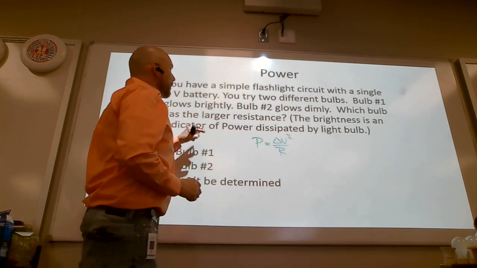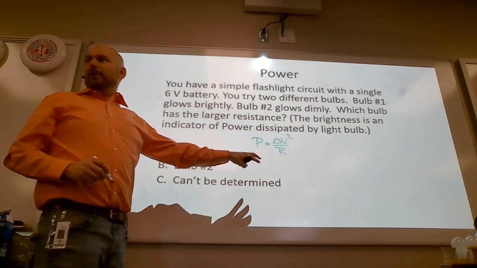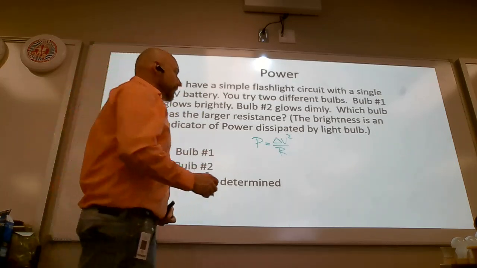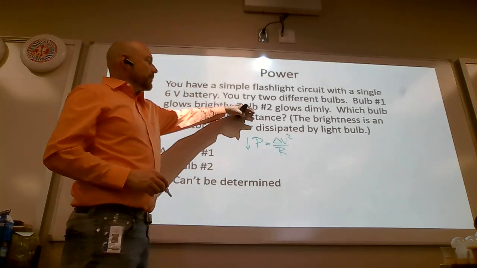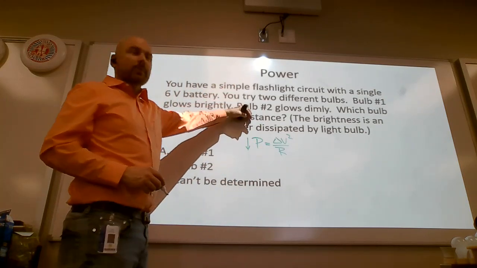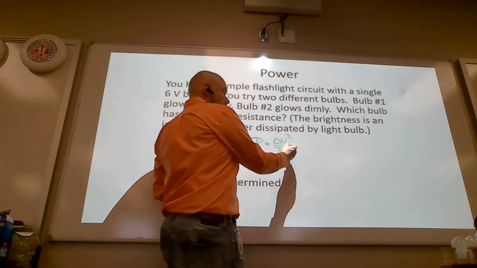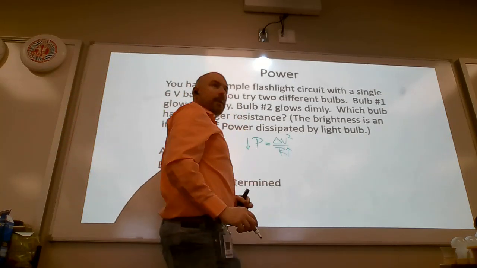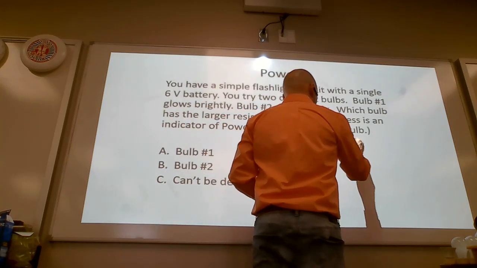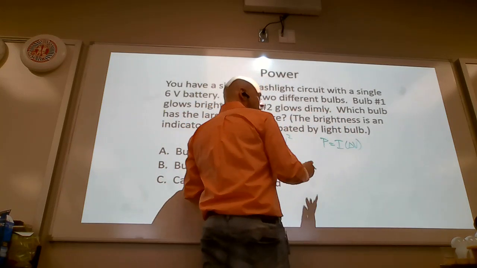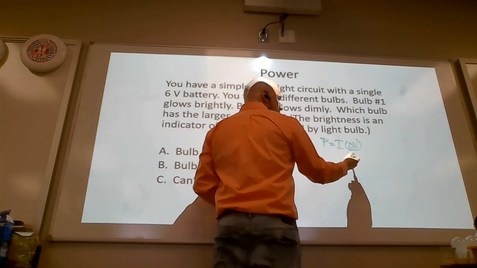Okay, so the voltage stays the same. So again, we're going to this equation. As the power goes down, going from 1 to 2, resistance has to go up. So conceptually, voltage stays the same.